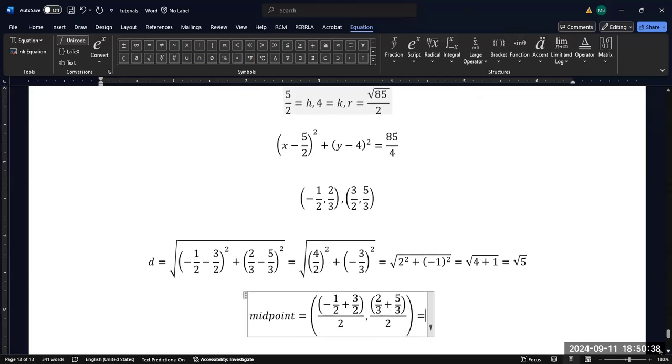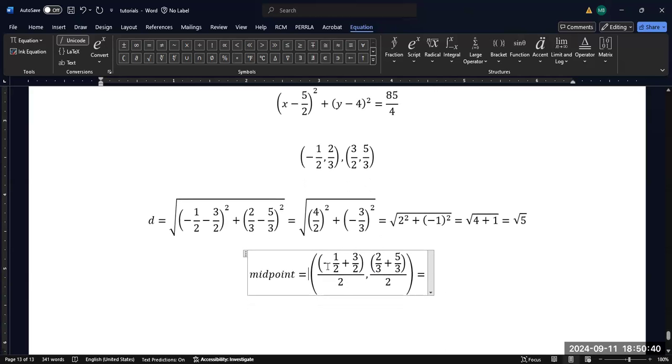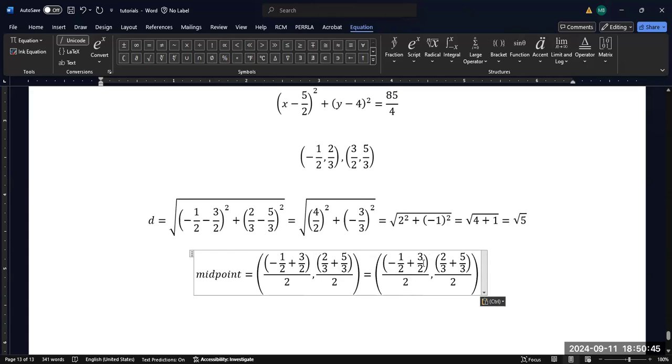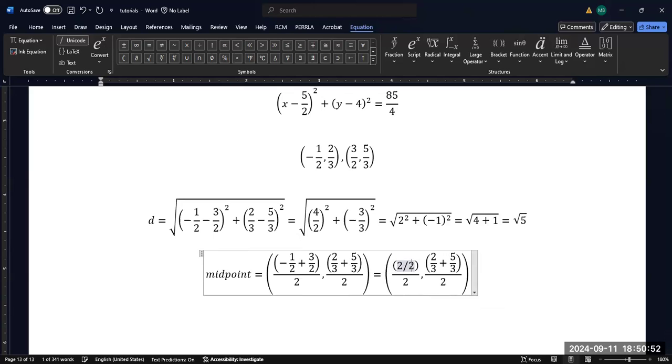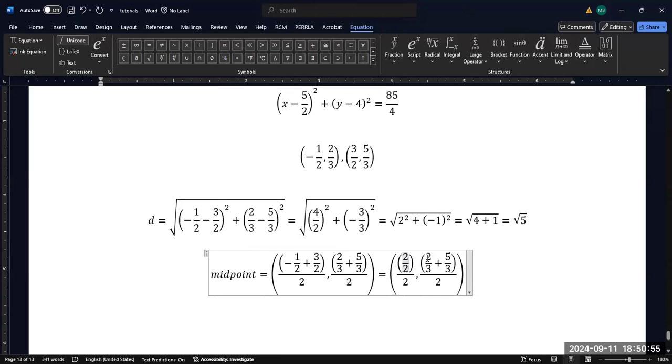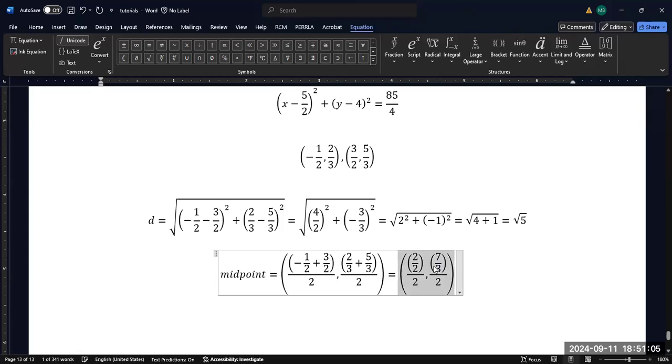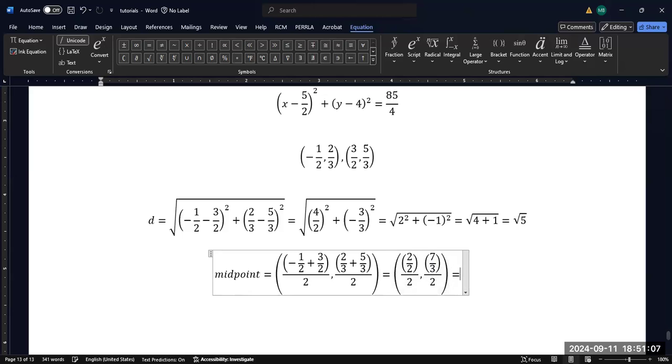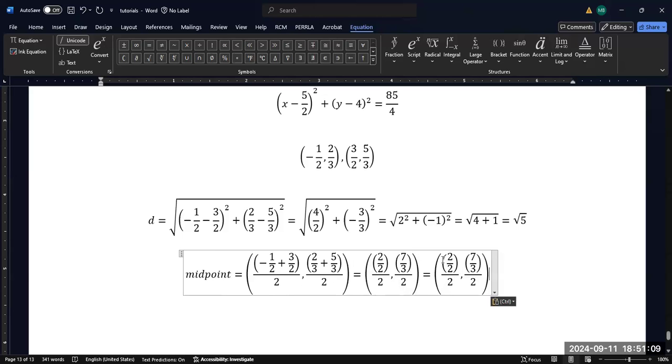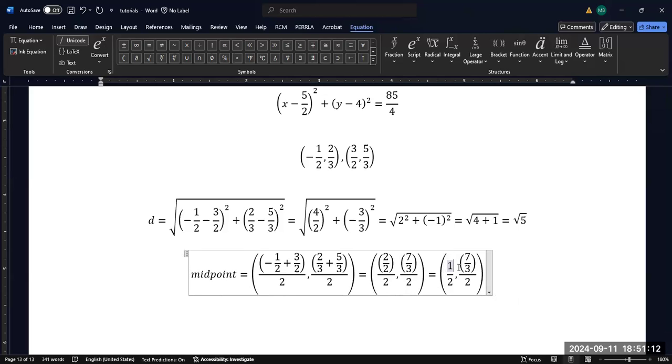Now, if we simplify our numerator, negative 1/2 plus 3/2, so negative 1 plus 3 is going to be positive 2. So that's going to give me 2 over 2. And 2 and 5 is going to give me 7. So this is going to give me 7 over 3. And then my first coordinate here is going to simplify. 2 over 2 is just 1.